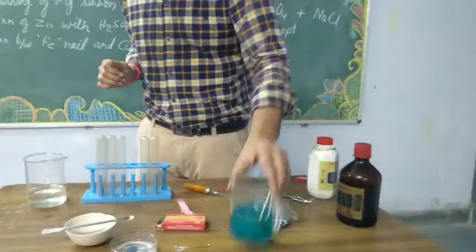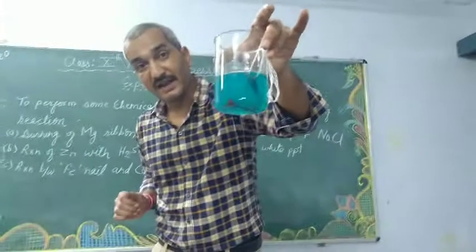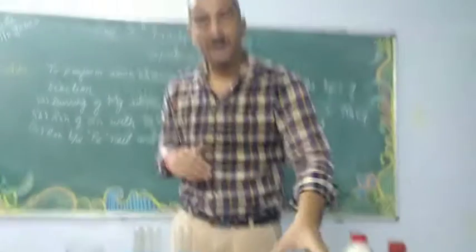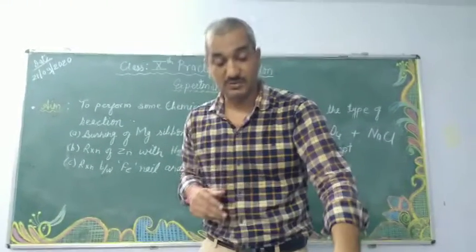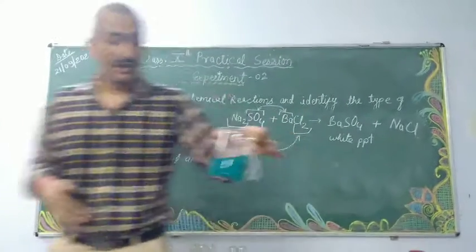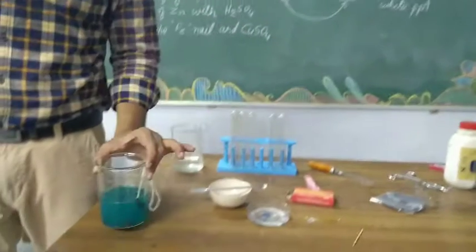The intensity of the blue color has faded, and I will leave it for the whole night, and tomorrow I will see it again. I will leave it like this for the whole day, and then the color will completely turn into light green.